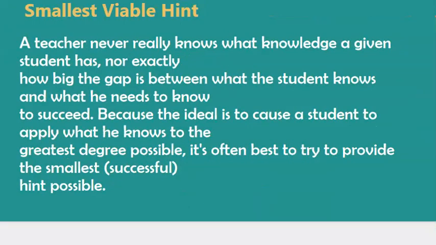Moving on. Smallest viable hint. A teacher never really knows what knowledge a given student has, nor exactly how big the gap is between what the student knows and what he needs to know to succeed. Because the ideal is to cause a student to apply what he knows to the greatest degree possible, it's often best to provide the smallest hint possible.